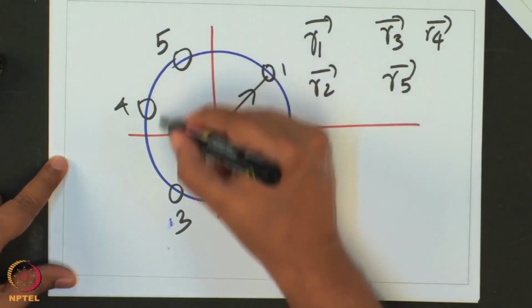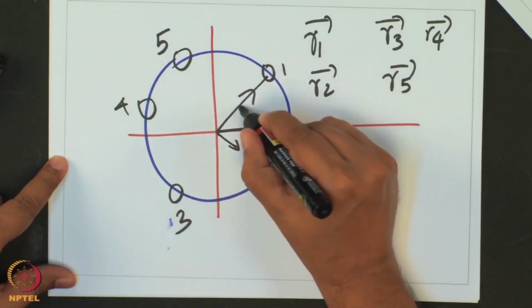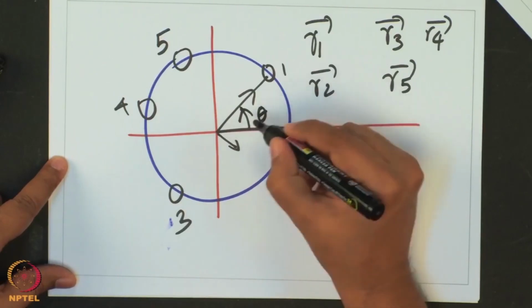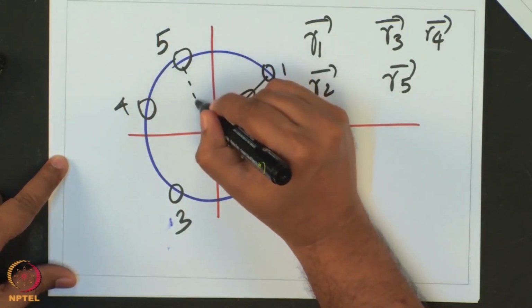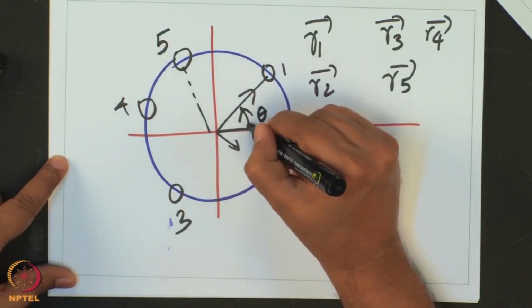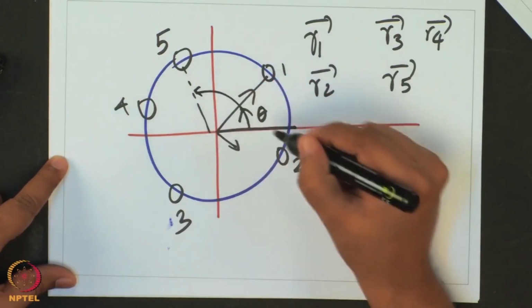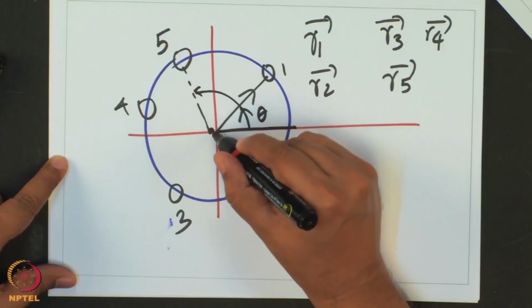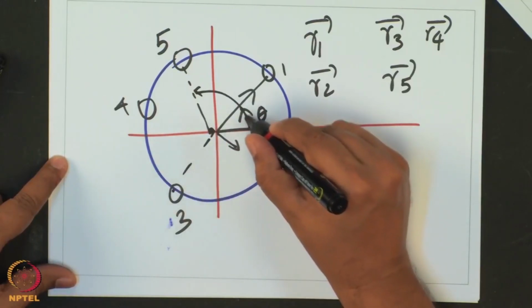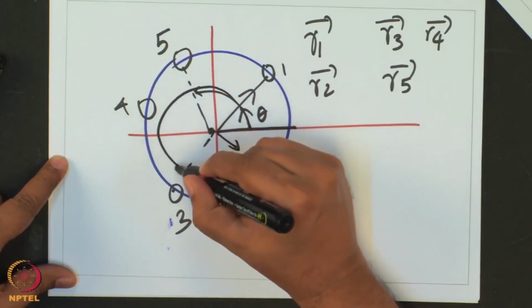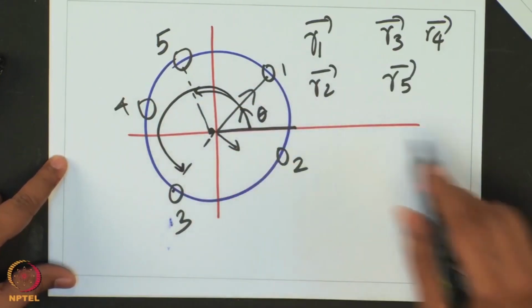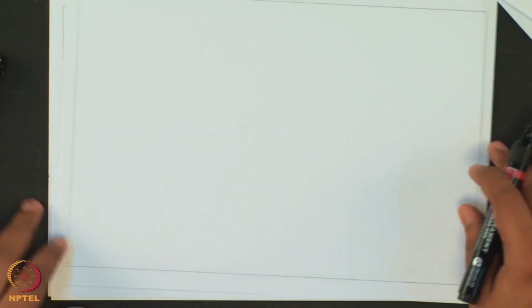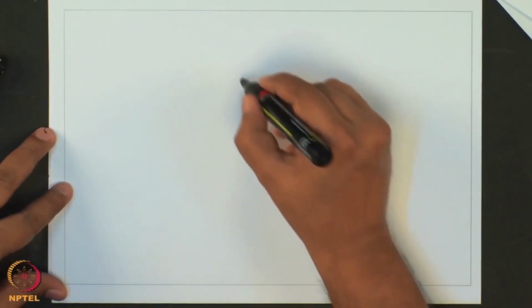If I just specify this angle theta from the x-axis, if I go this much angle, I would reach here. If I want to reach here from the x-axis, if I go clockwise this much angle, I would reach here. So by specifying the angle, you could get every point on a circle.